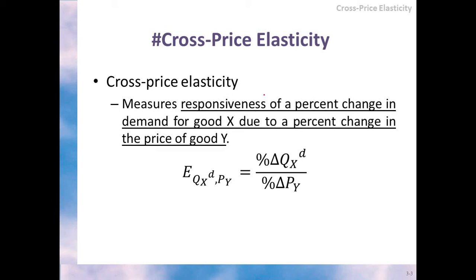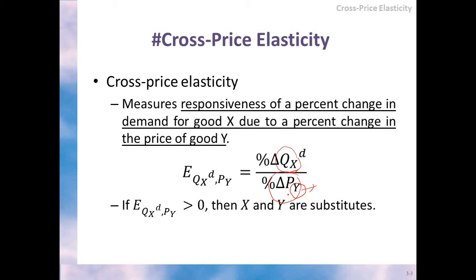When we talk about cross price elasticity, we want to measure the responsiveness of the percentage change in demand for good X due to the percentage change in price of good Y. In the formula, we are talking about quantity of good X in response to the price of good Y, which is different from own price, where the price is the price of X. Here it is the price of another good, which we put as price of good Y.